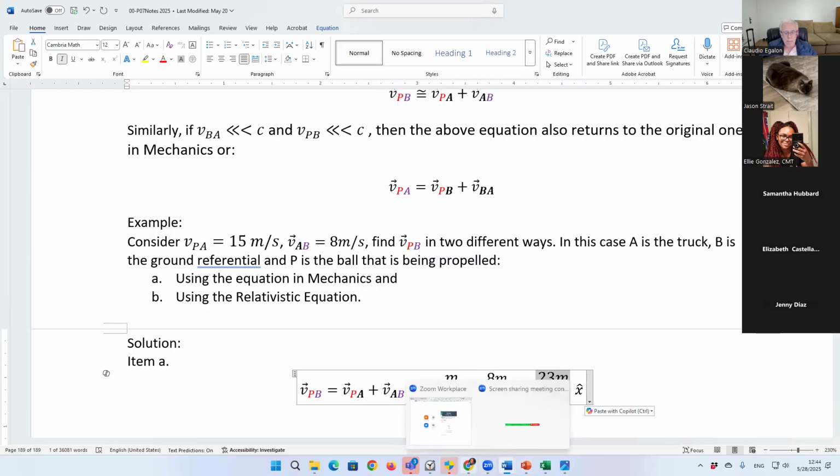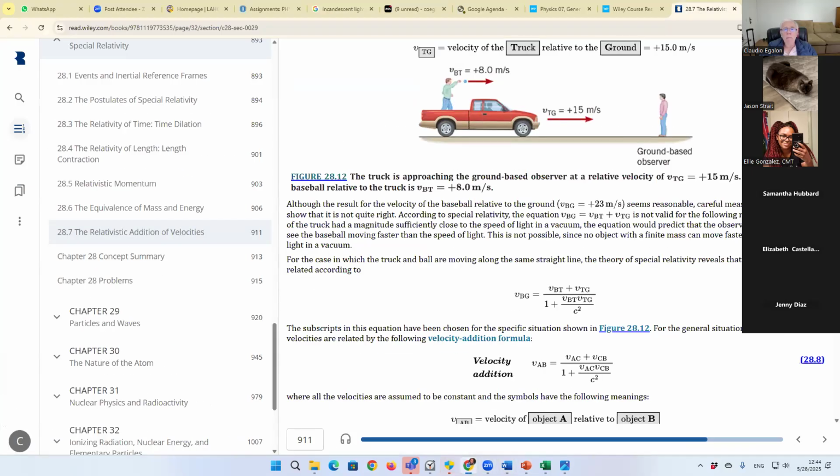Faster, right? The guy in the truck is moving, and he's measuring a velocity for the ball that's 8 meters per second only, whereas since the truck is moving, the guy on the ground is going to measure a velocity for this ball that's going to be 15 plus 8. That's what it is.